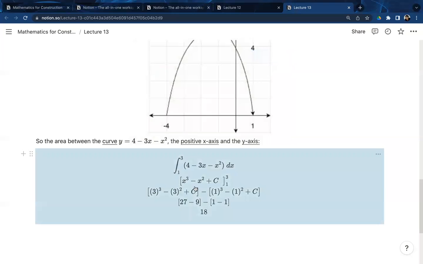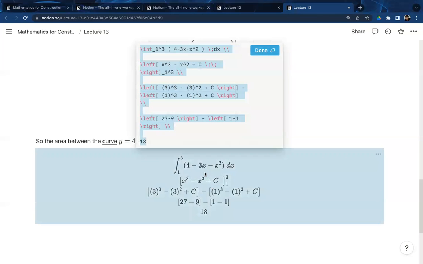So this is a curve here, 4 minus 3x minus x squared. I'm integrating between 0 and 1. So the lower limit is 0, and the upper limit is 1.